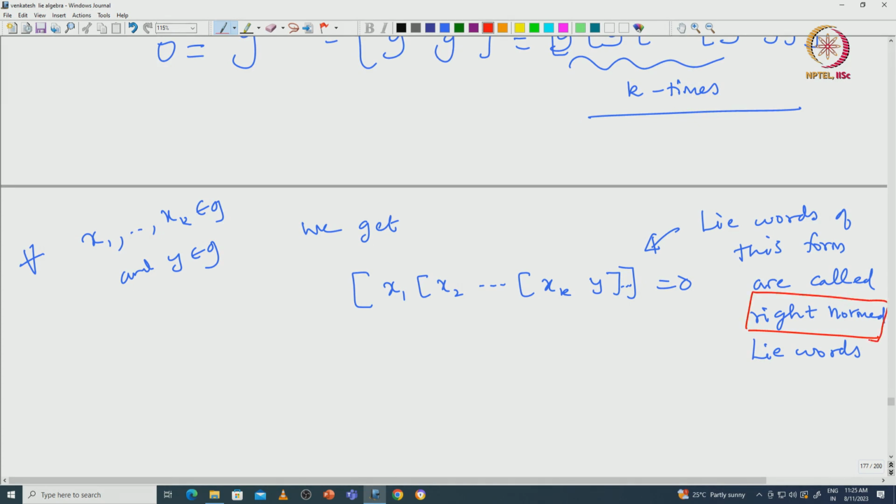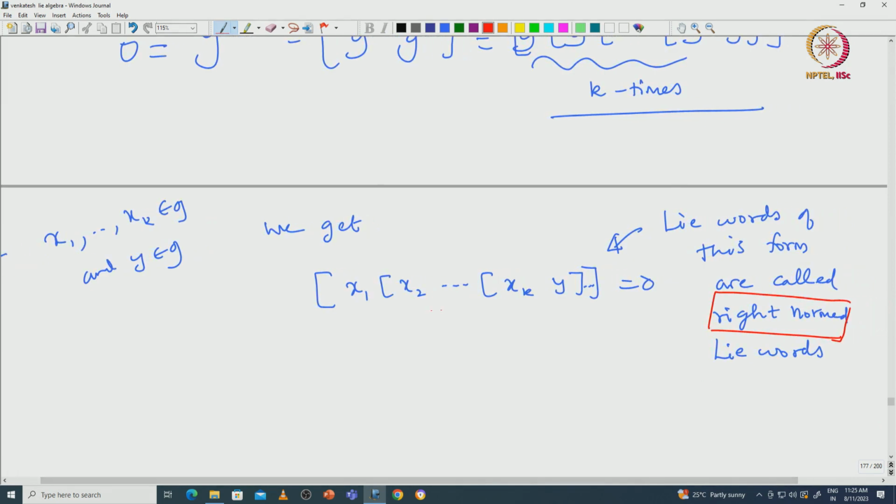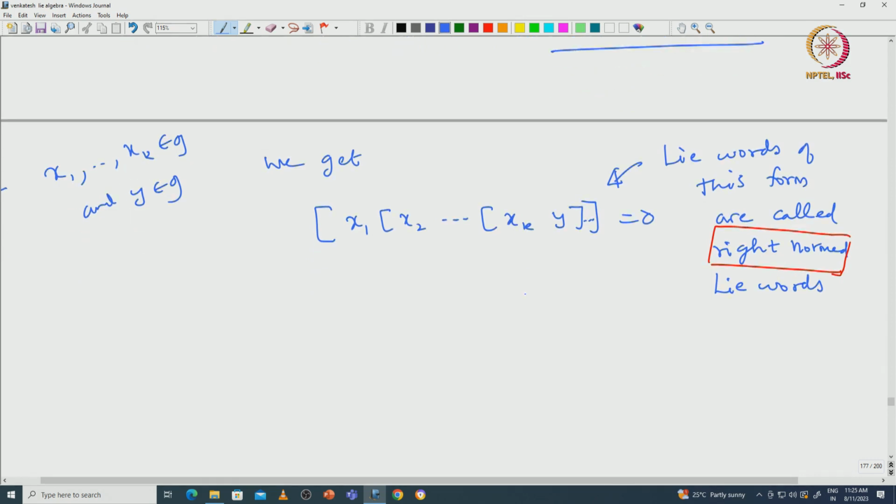So, this is a very specific way of taking successive Lie products. In a Lie algebra, because the Lie product is non-associative and non-commutative, you have to be very careful in taking the products. The order in which you take the product matters. So, here we are talking about a very particular order of taking the Lie product. Okay. This will be called right normed brackets.